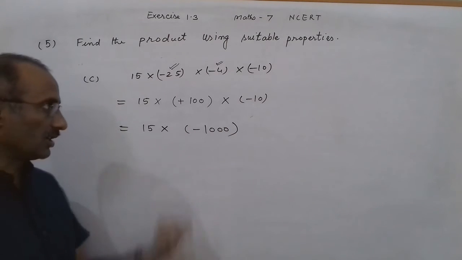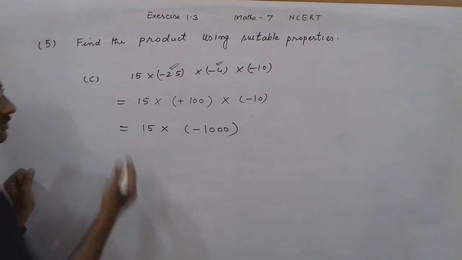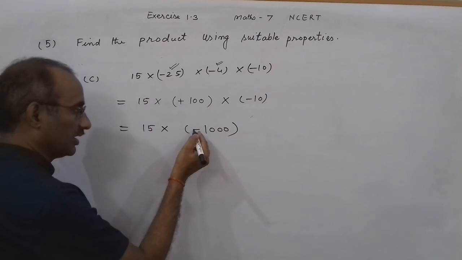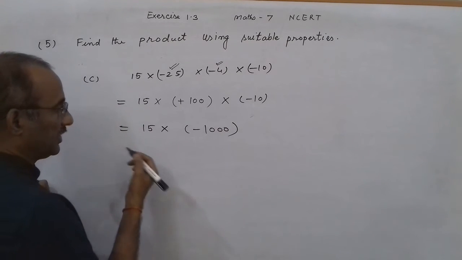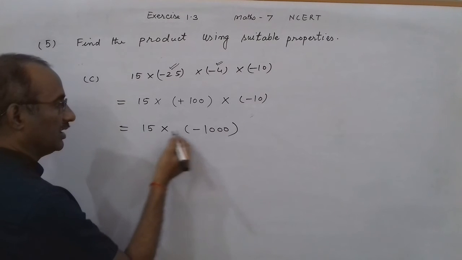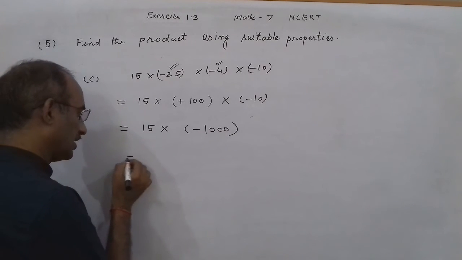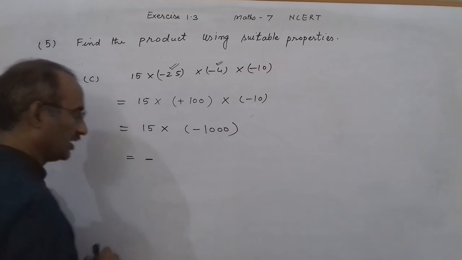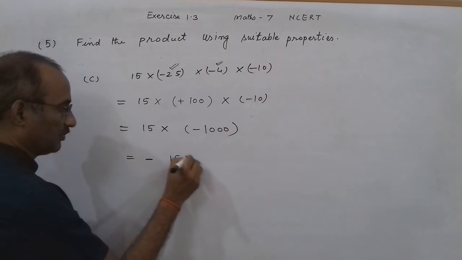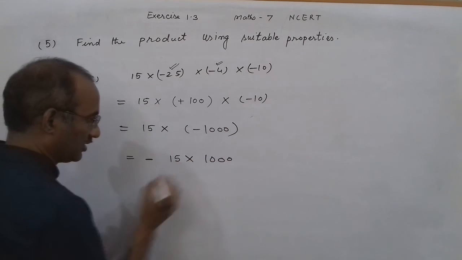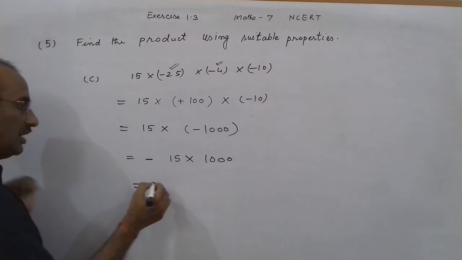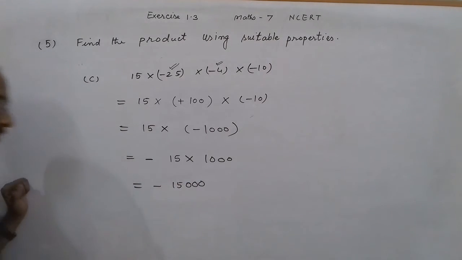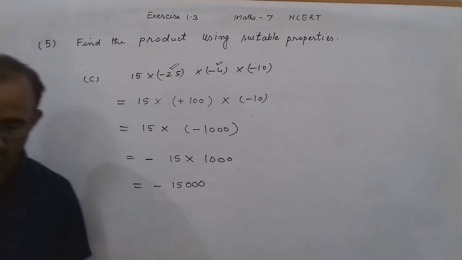So it is minus 1000. Now 15 is a positive integer and 1000 is a negative integer. So we multiply 15 and minus 1000, then we get a negative integer. So put a minus sign here and 15 is multiplied with 1000. So we get 15,000, that is minus 15,000 and this is our answer.